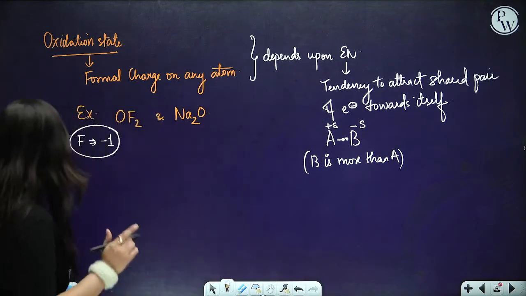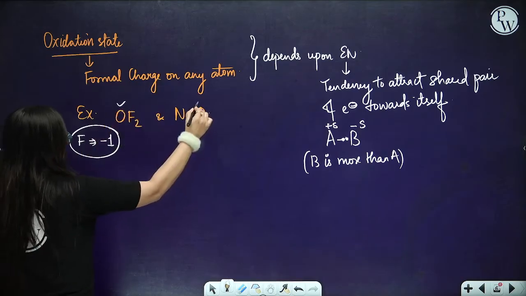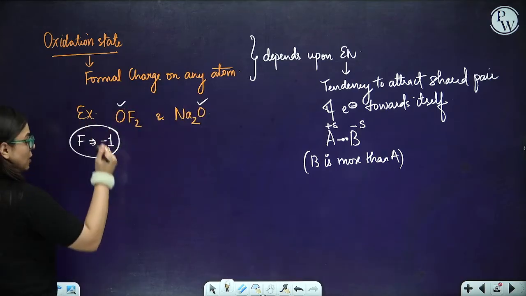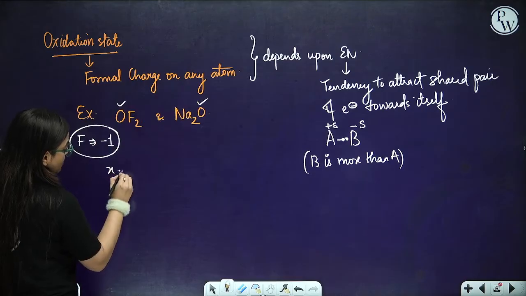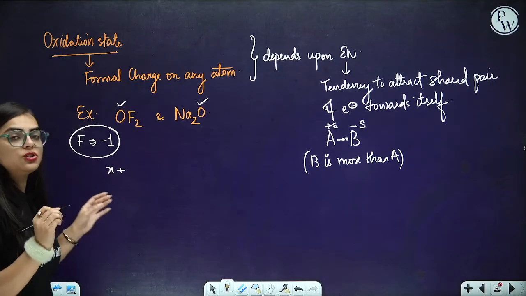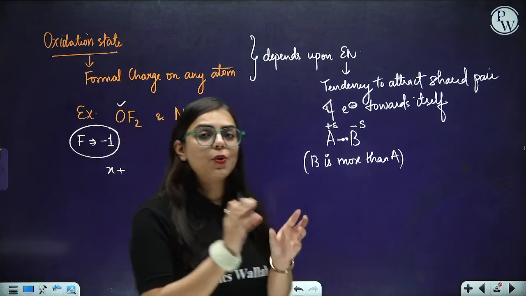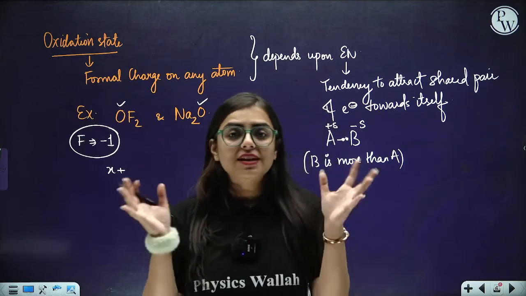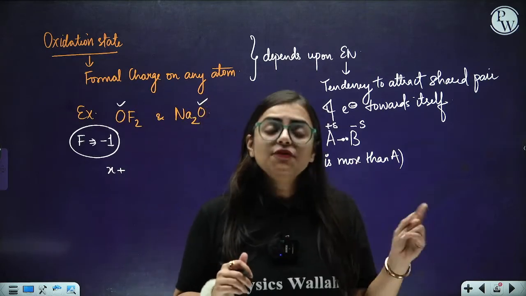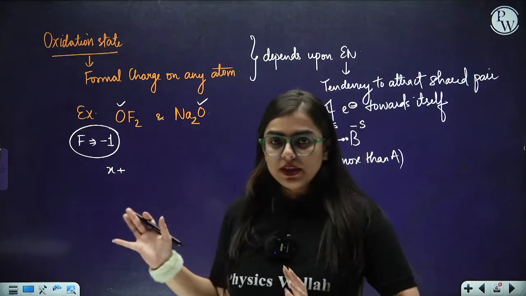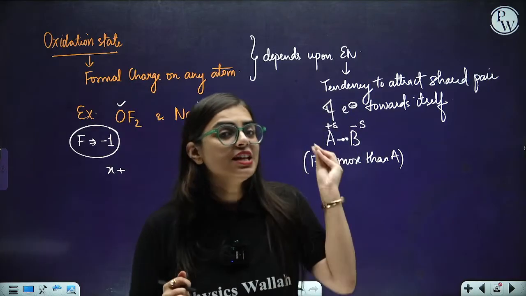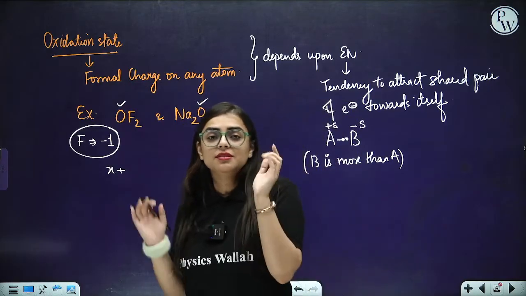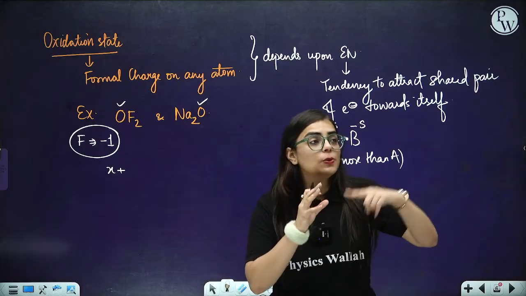So let us consider we have to calculate for oxygen in both the cases. Oxygen, let us assume it as X. Now, the first rule of oxidation state is you have to add all the formal charges of all the elements, and that sum will be equivalent to 0. If no charge is written on the top, that means it is a neutral molecule. If there is any charge present on that molecule, that means the sum of the formal charges will be equivalent to that number.